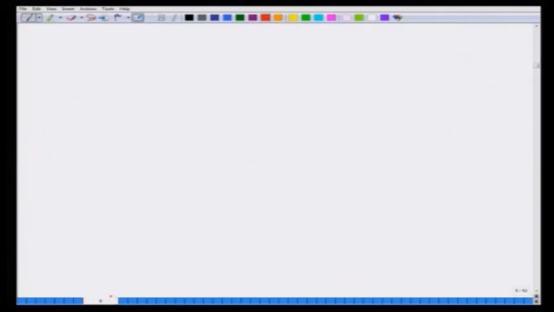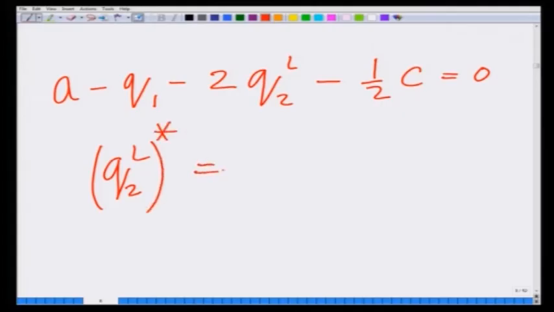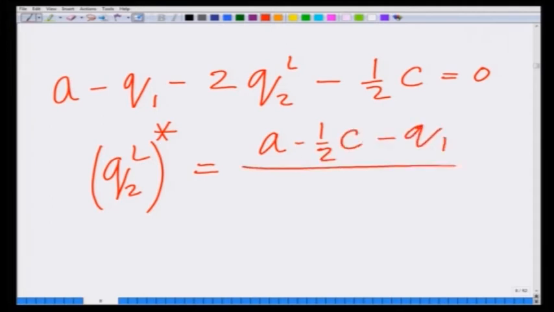Therefore, we have the best response Q2L star equals A minus half C minus Q1, divided by 2.